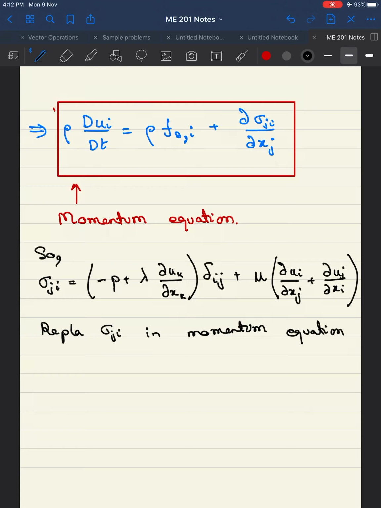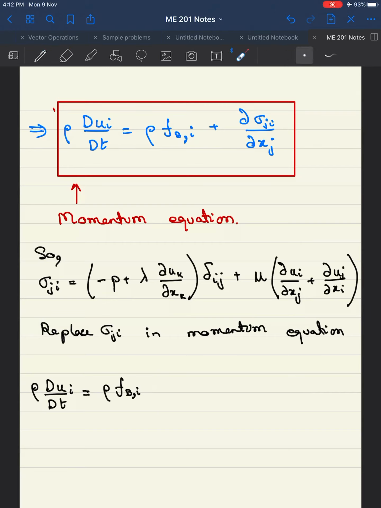If you do that, then what you will get is rho on this side, whatever we had, plus you will have the rho body force, right? And then the first term.